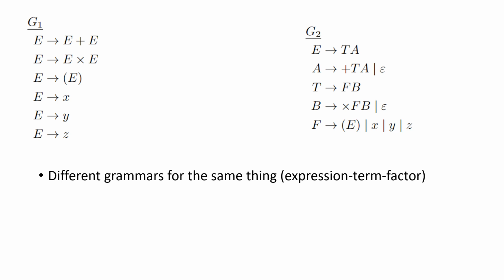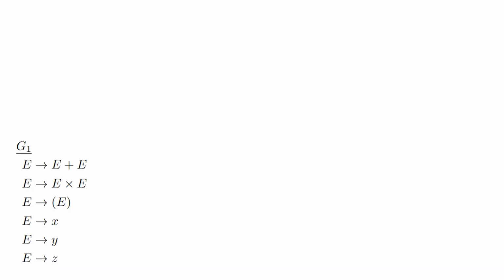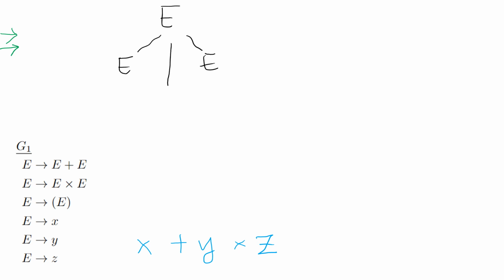I have basically two different grammars for the same thing: expression, term, factor. Let's take a look at this grammar, and let's say that we want to produce the string x plus y times z. The starting symbol is E, and I have two different rules that I could apply. So let's say I do E, and let's pick times.